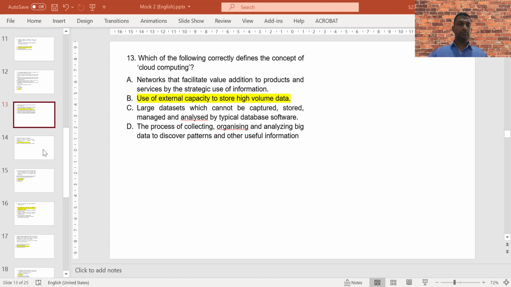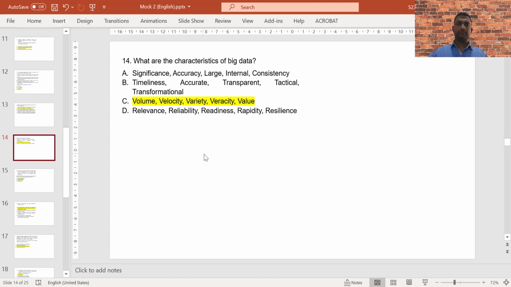Let's look at question number 14. What are the characteristics of big data? So 4 answers are given. First answer says significance, accuracy, large, internal, consistency. Second one says timeliness, accurate, transparent, tactical, and transformational.